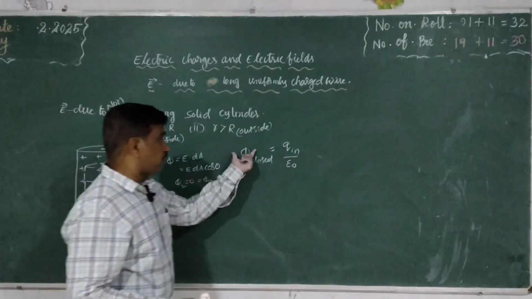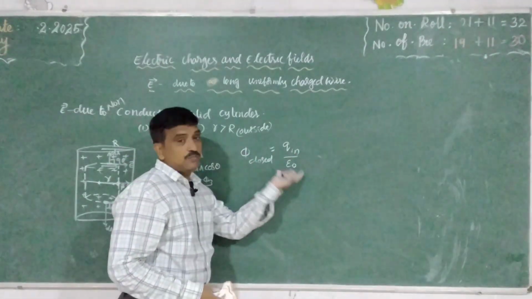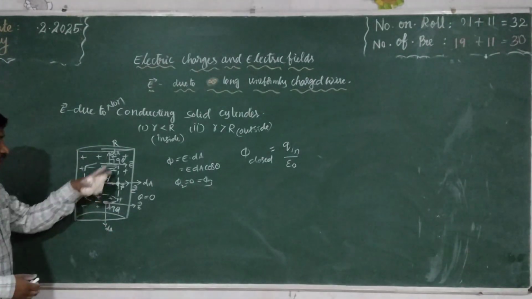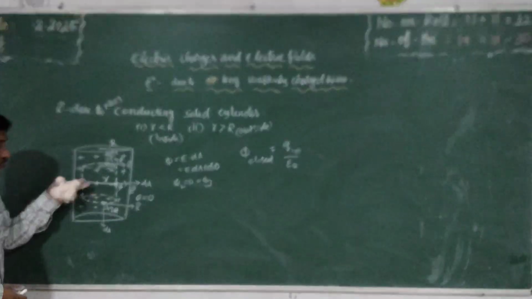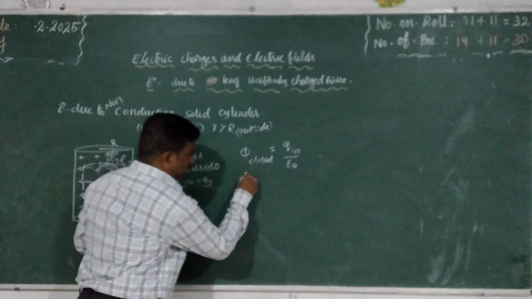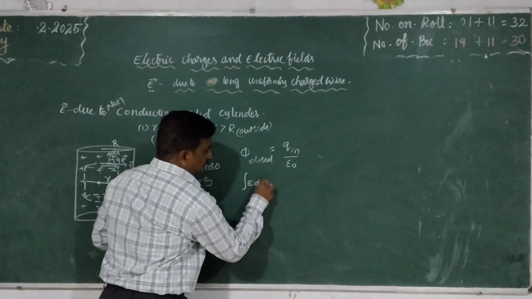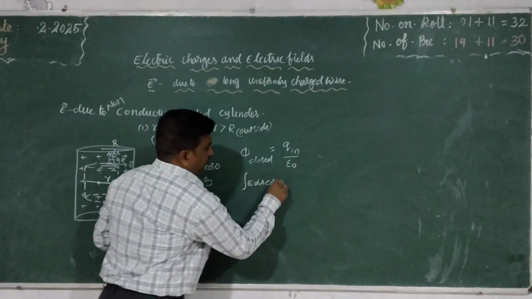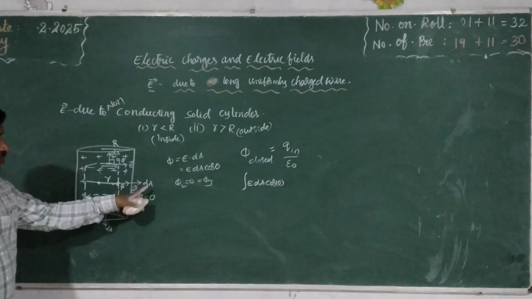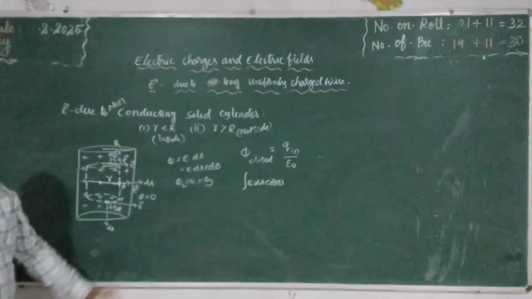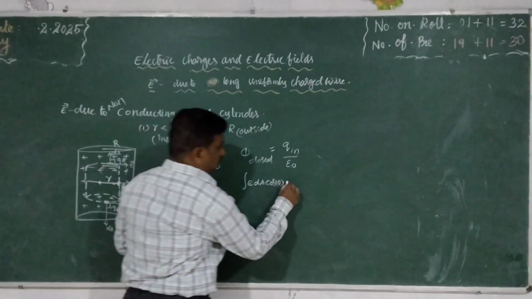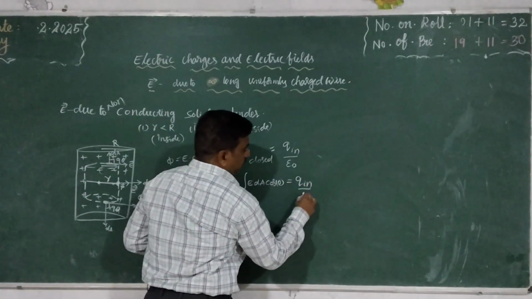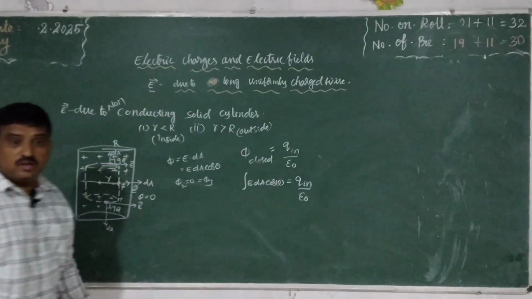We can write phi closed equals Q inside by epsilon naught. What is phi closed here? This surface 0, this surface 0, only this surface. We can write integral E dA cos 0, because the angle is 0. E is the electric field vector and dA is the area vector. That equals Q inside by epsilon naught.